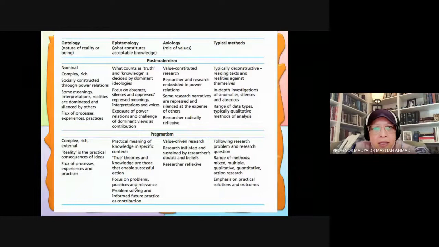And under the axiology, value-driven research, research initiated and sustained by the researcher's doubts and beliefs, the researcher is reflexive. All of these tables are actually a guideline for us when we are trying to choose our research philosophy under ontology, epistemology, and axiology. You might use this as a guideline when you know your typical method.